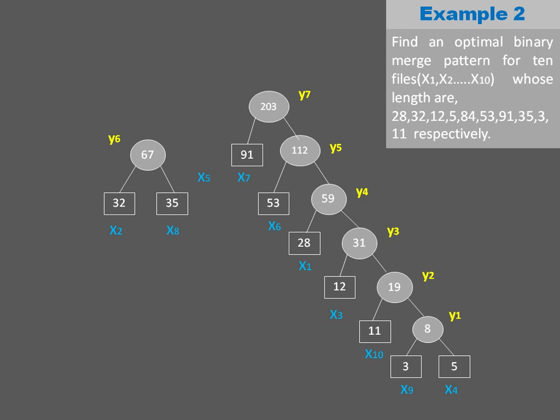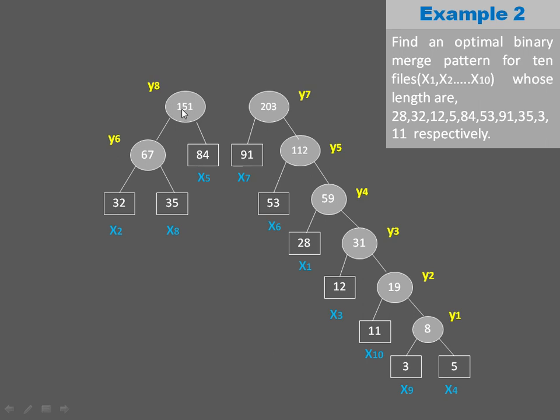After that, this y6 is merged with x5. x5 contains a total of 84 records. Now when we merge these two files together, we will get 151 records. Now we name it y8.